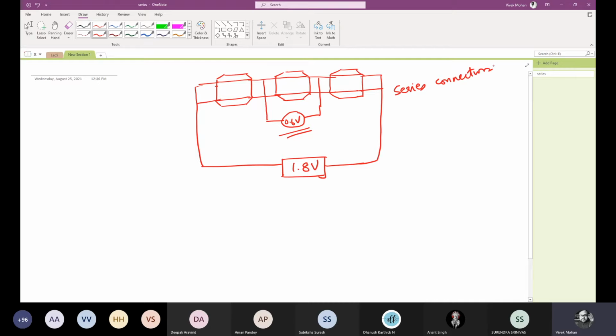Now coming to the parallel connection, how will you do a parallel connection? What is the importance of parallel connection? The voltages will be the same and the currents will add up, right? So I'm connecting like this.